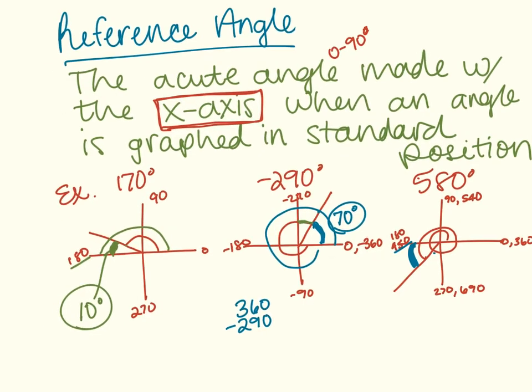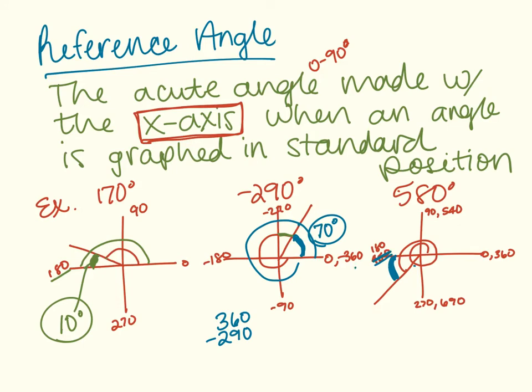Oops, it looks like I have this marked wrong. That should say 540. This one up here should say 450, like what we just did on the previous slide. Anyways, we need to know how much further past that 540 we went. So 580 minus 540 gives us a reference angle of 40 degrees.